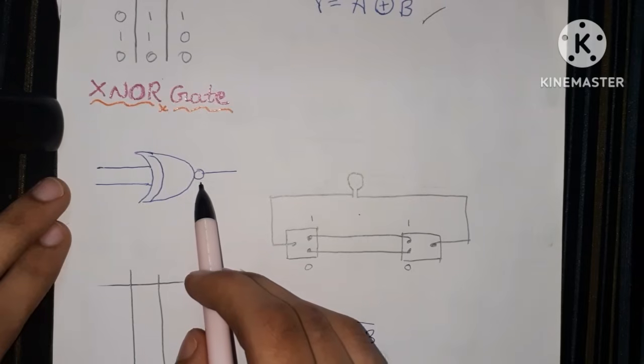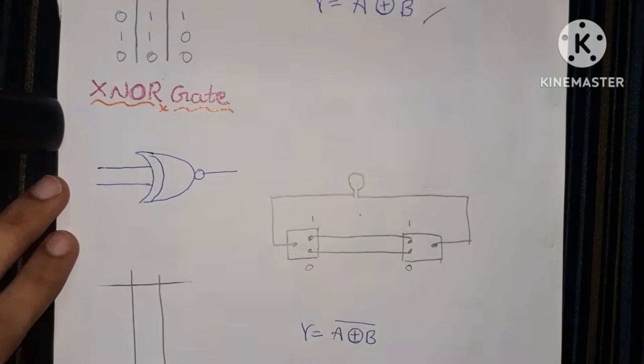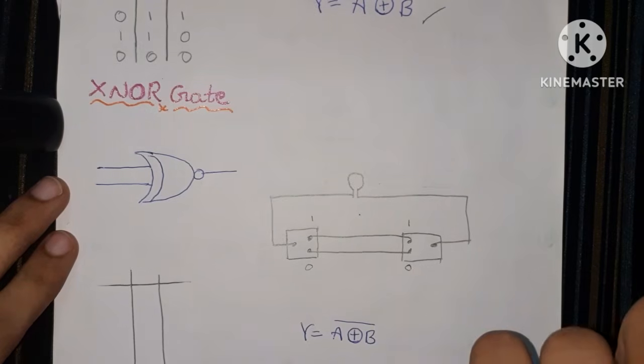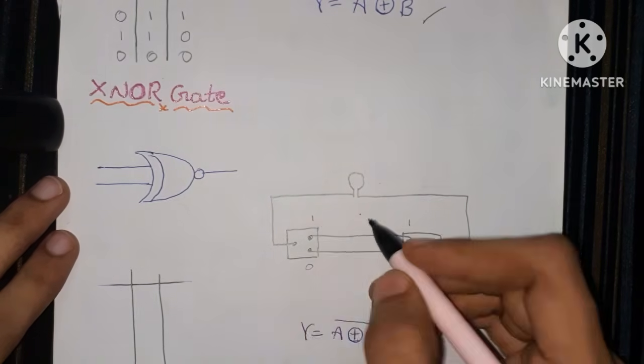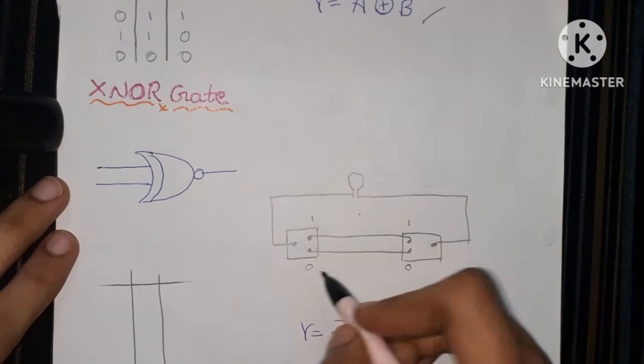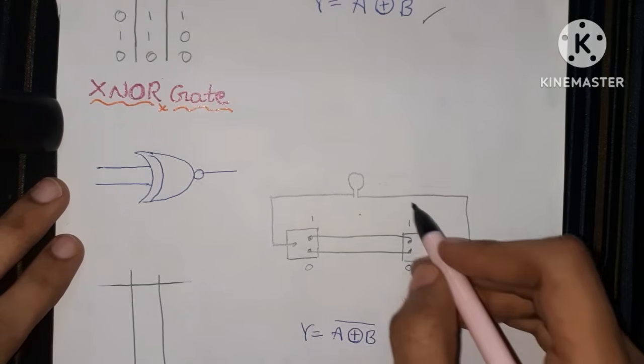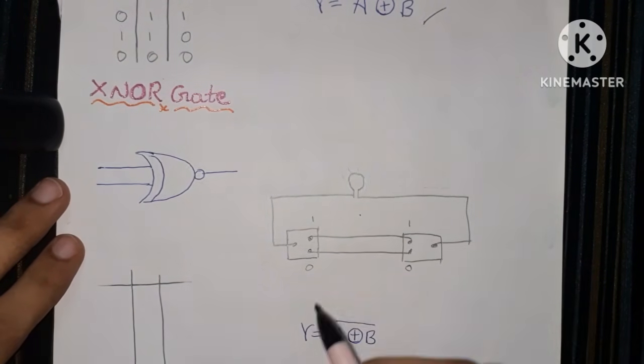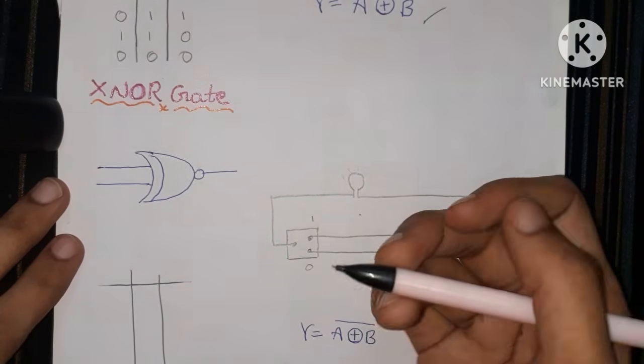See, this is the XNOR gate. So how does this circuit work? Again same, we will keep it as 1 0 1 0. If the bulb needs to glow, then which switches should be closed and which should be opened?